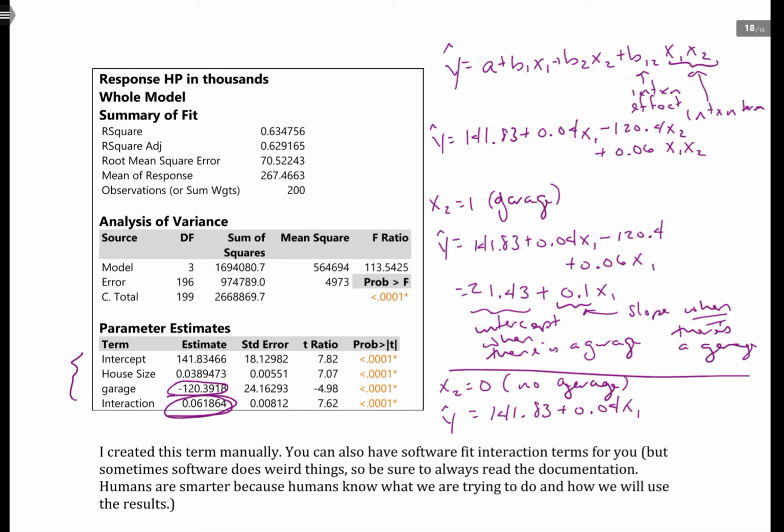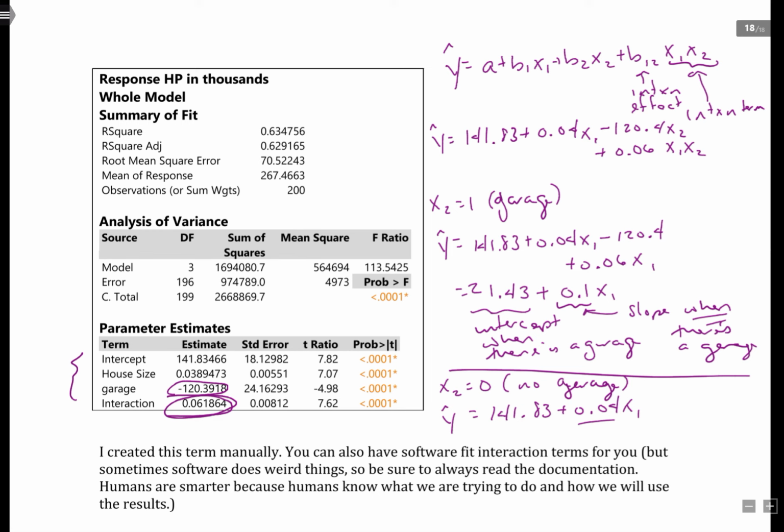And so let's compare these two. The difference between this slope and this slope is that 0.06. So the slope when there is a garage is 0.06 units steeper than when there isn't.